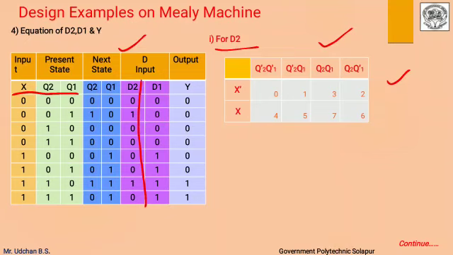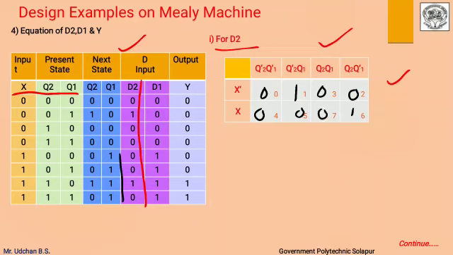Now the values of D2 are 0, 1, 0, 0, 0, 1, 0, 0. We already know how to enter these values. After that 0, 0, 1, 0, 0, 0, 1, 0.